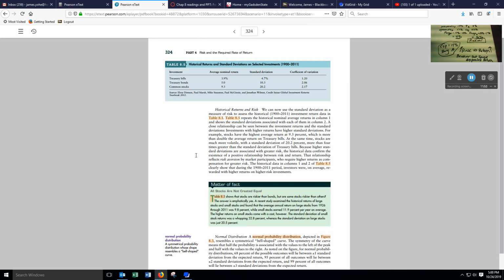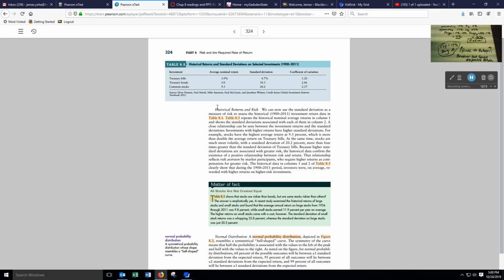Now, when we look at returns and risk, we can use historical returns. We can now use the standard deviation as a measure of risk to assess the historical investment return data in table 8.1.